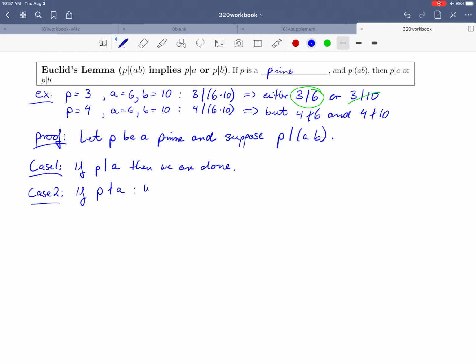Well, then we have to show that P divides B, so that our conclusion is still true. And this is what we're going to do. So let's assume P doesn't divide A. If P doesn't divide A, and since P is prime, what can you tell me about the GCD of P and A?